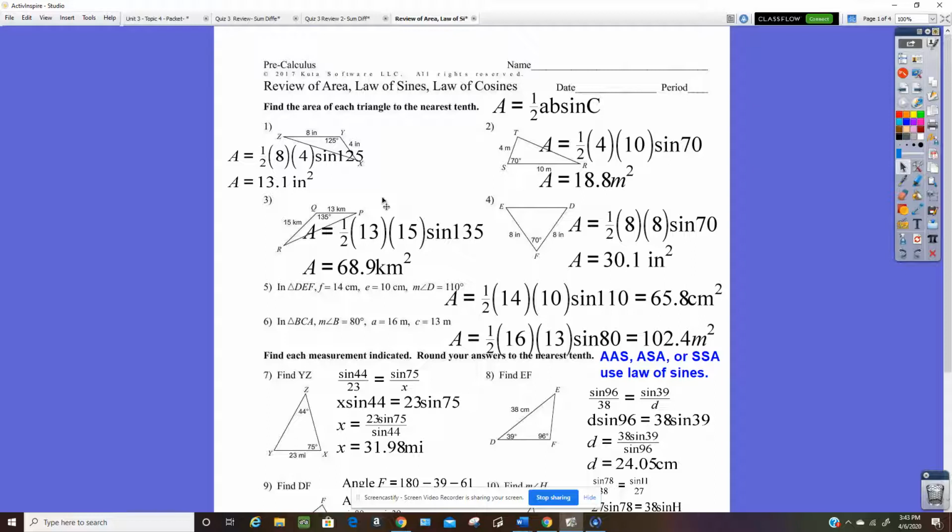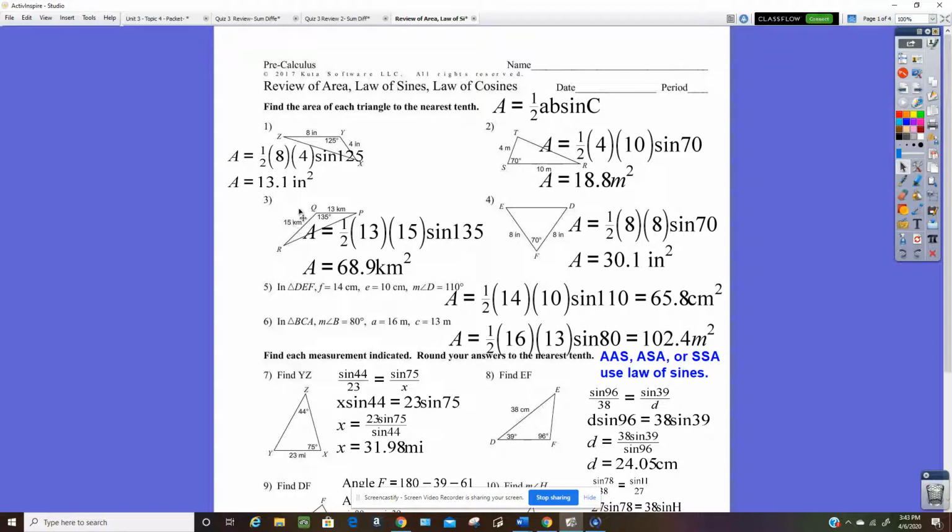The rest in this section, 2 to 6, are very similar. You're just plugging into the formula. So number 2, area is 1/2 times 4 times 10 times sine of 70, and you get 18.8 square meters.